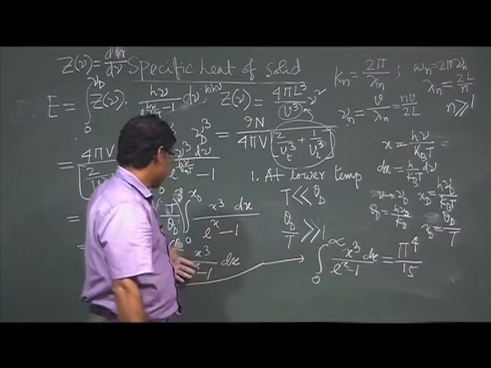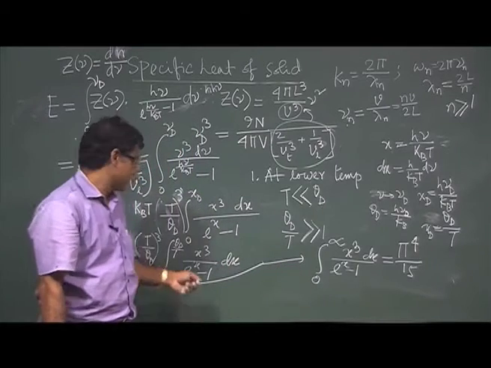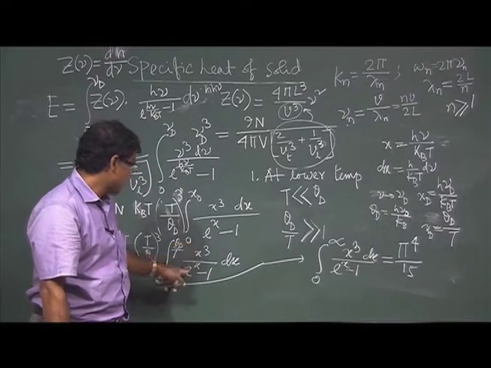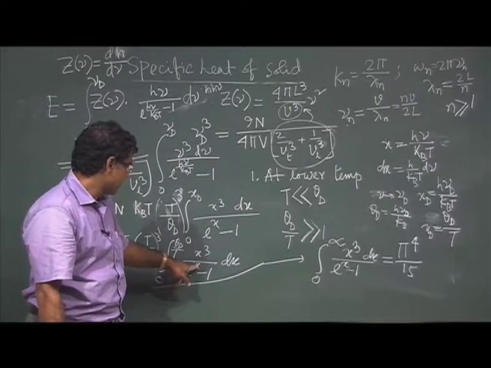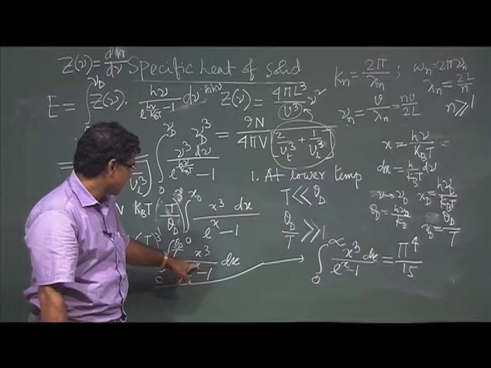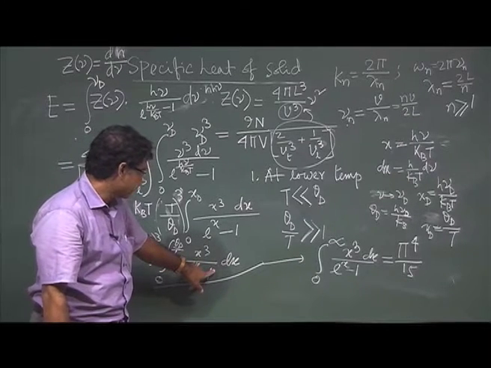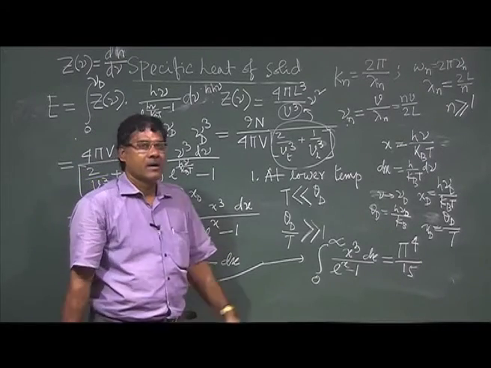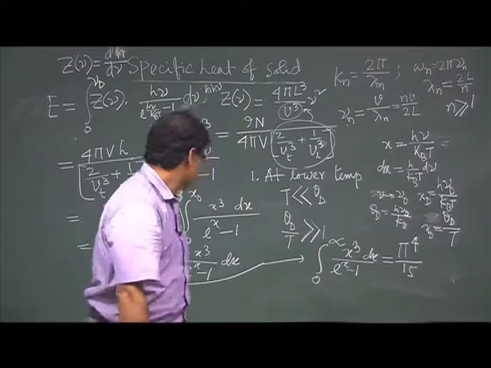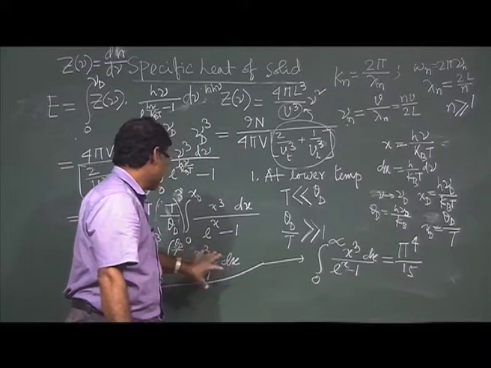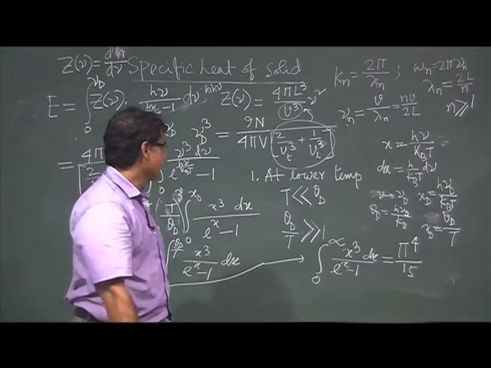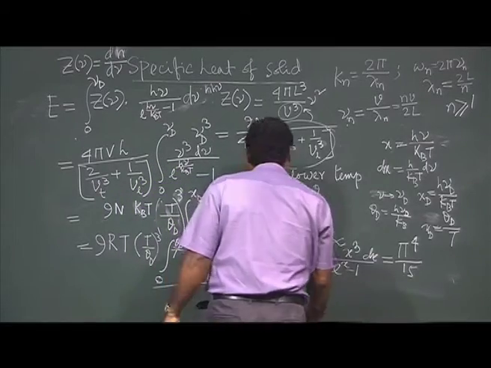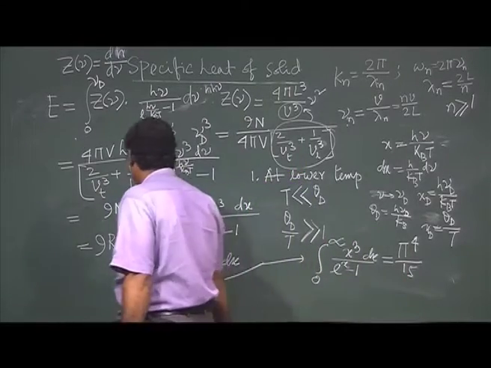Otherwise, as I was trying to find out, since e to the power x is very greater than 1, one can neglect 1, just x cube e to the power minus x dx. One can integrate also, and you can find the same result.